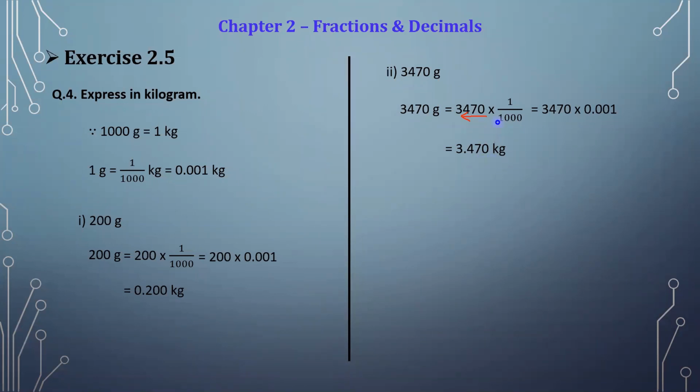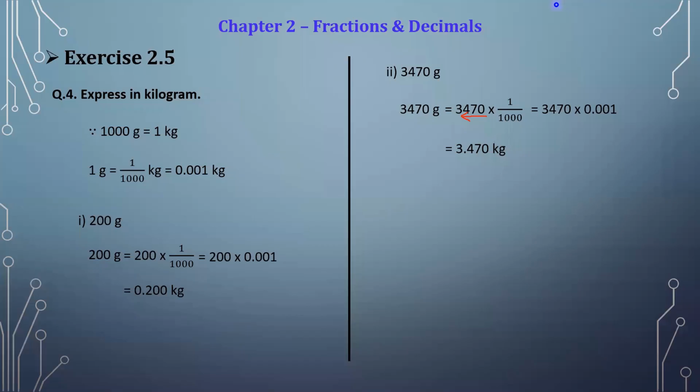And if you take the multiplication of 3470 and 0.001, then it is also going to be the same, 3.470, which is the final answer, or we can say the final conversion of gram into kilogram. So you can say that 3470 gram is equal to 3.470 kilogram.